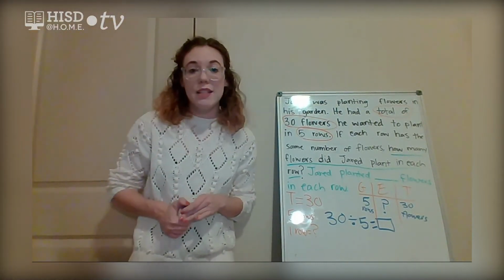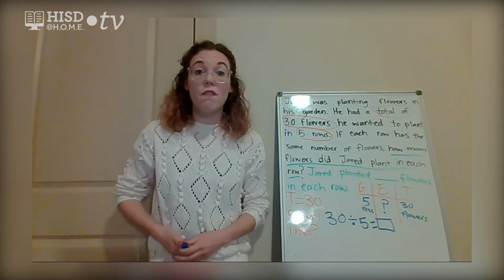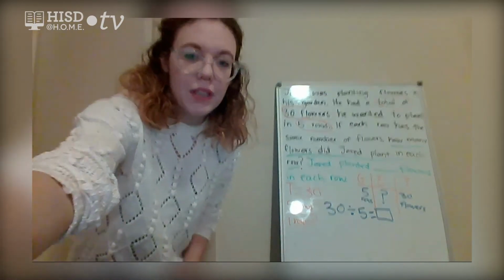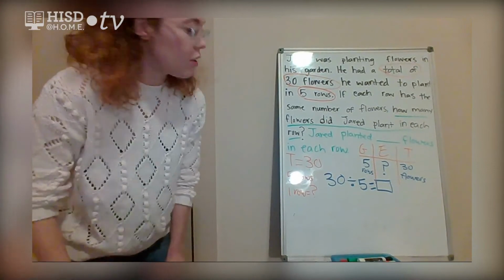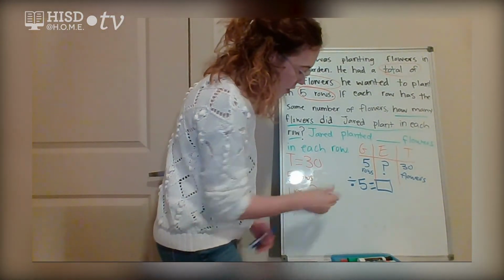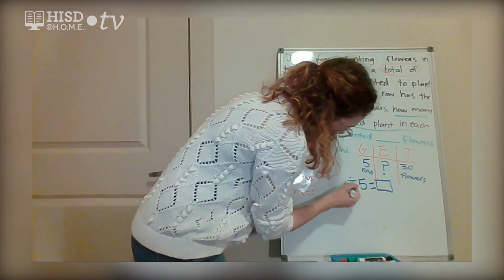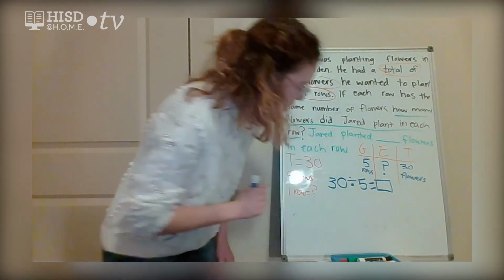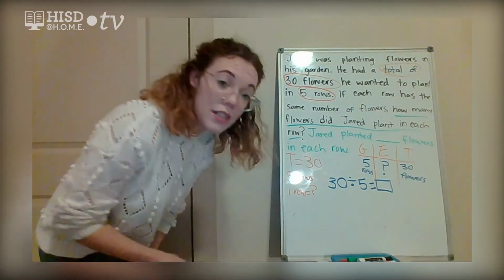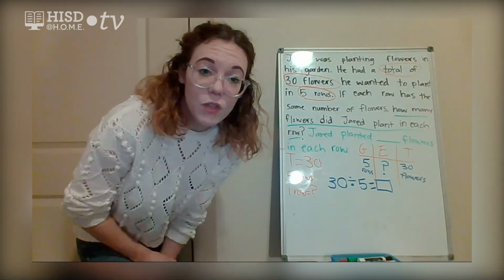I'm going to give you guys a minute or two to solve this problem using whatever strategy you want, okay? I'm going to bring this down a little so you can see the problem a little better. 30 flowers divided by 5 rows equals what? You don't have to use the strategy this problem is giving you, but you can if you want to.